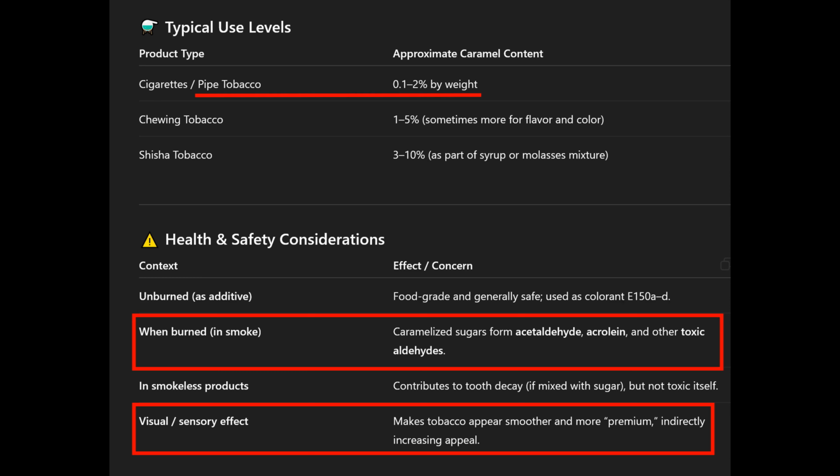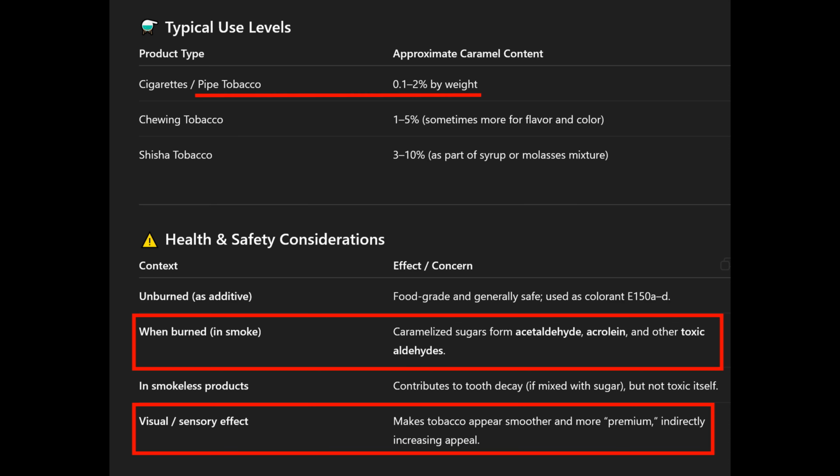Then we have the health and safety considerations when burned. And here's something very interesting, the visual sensory effect. Makes tobacco appear smoother and more premium, indirectly increasing appeal.